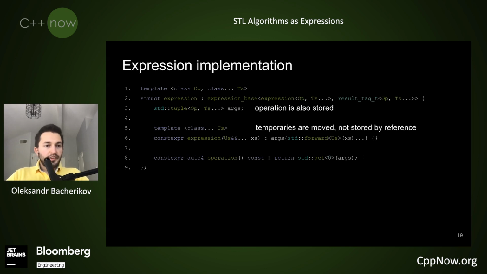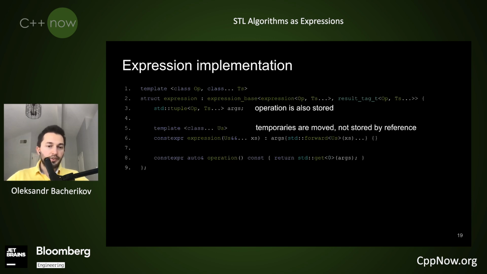Now let's get to the core of the design, the expression implementation. And it's actually very short. So on the first line, you see that it depends on the operation and the arguments. Let's skip line 2 for now. And all the expression does is just store the arguments on line 3 in the tuple.